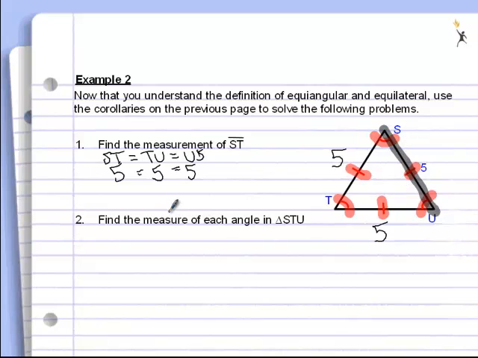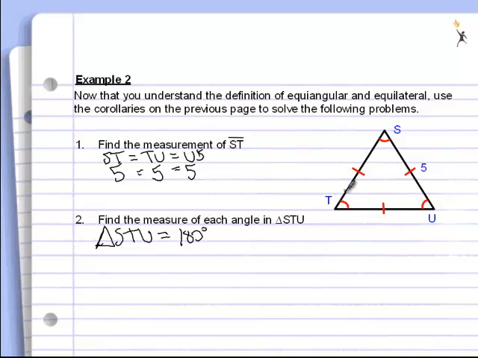The next part is a little bit trickier. We're told to find the measure of each angle in STU. This one is a little bit trickier, and it's going to require a little bit more understanding of your algebra skills. First of all, triangle STU equals how much? What is the interior measure of the triangle? I hope that you're saying out loud 180 degrees.